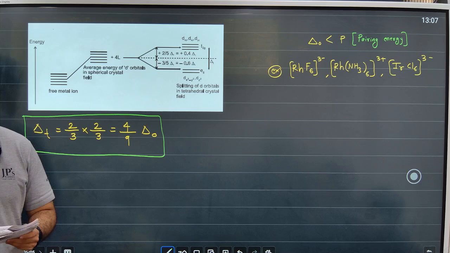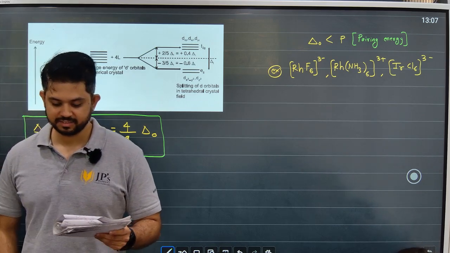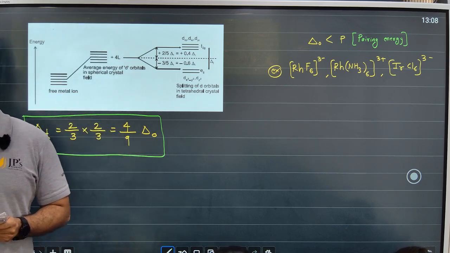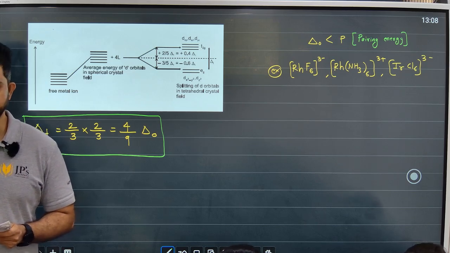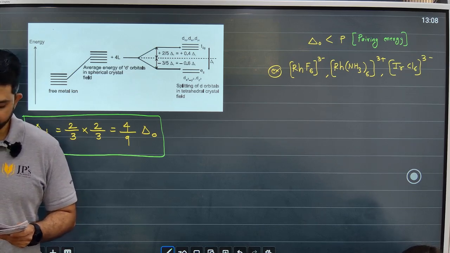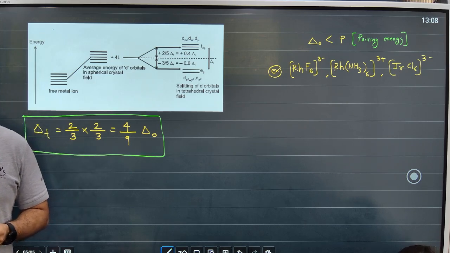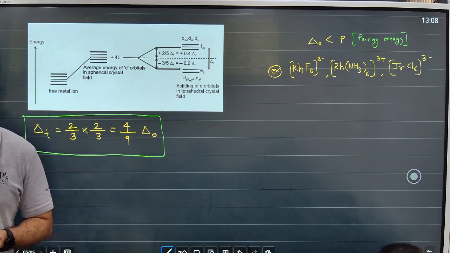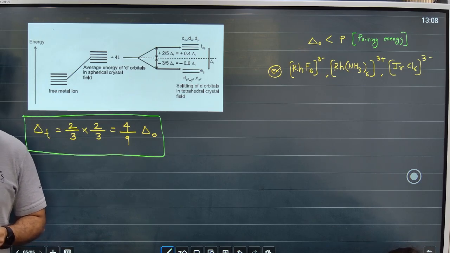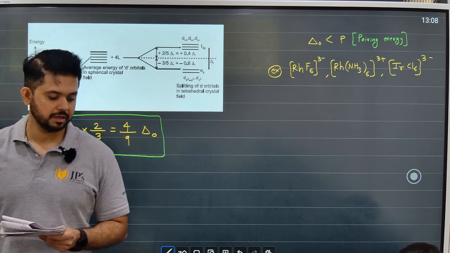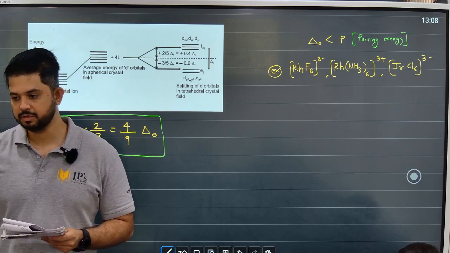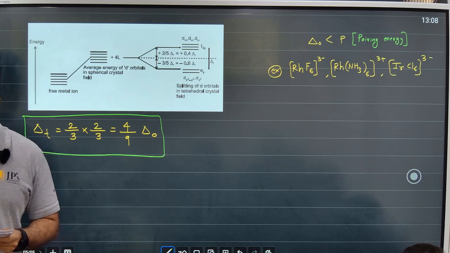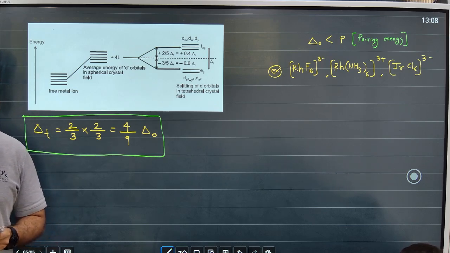Very good. sp3, that is tetrahedral complexes, are generally favored for bulky ligands and for weak field ligands.